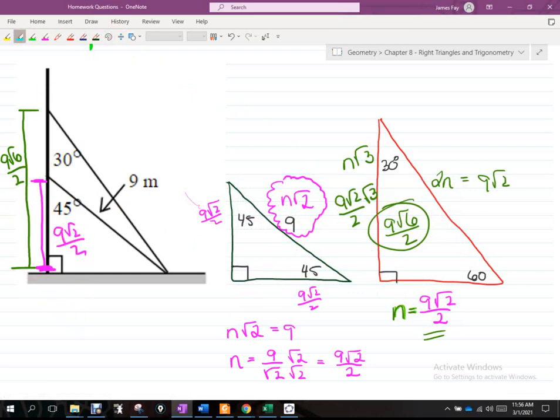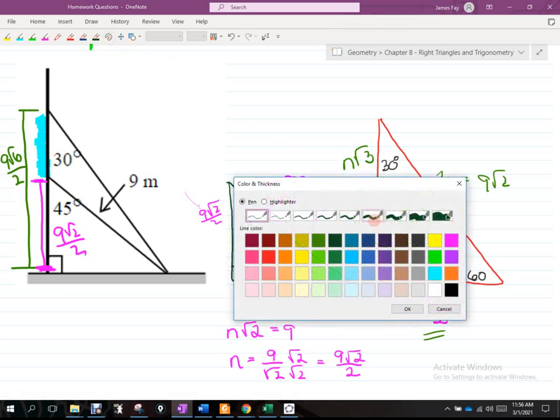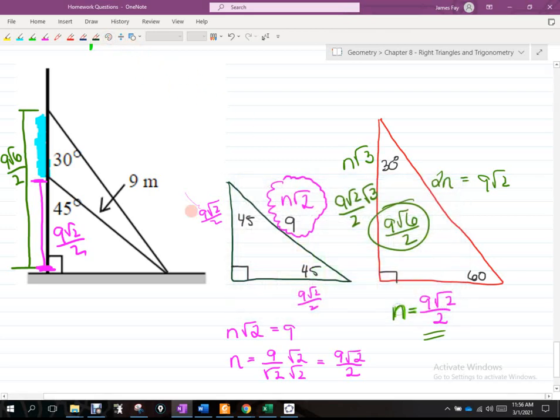What do I do with those to find this overall distance? Well, think about this. If I add them, that would be putting the green one on top of the purple one, like stacking them. I'm going to subtract them. So I'm going to take 9 radical 6 over 2 and subtract 9 radical 2 over 2.